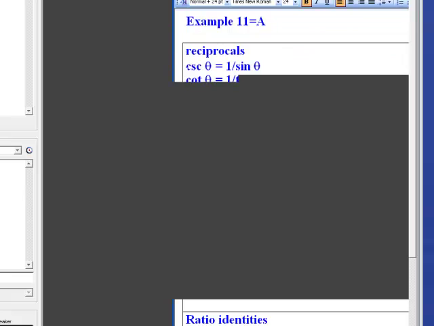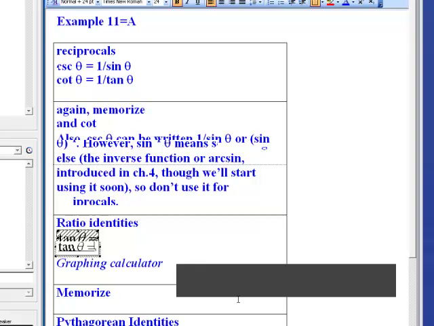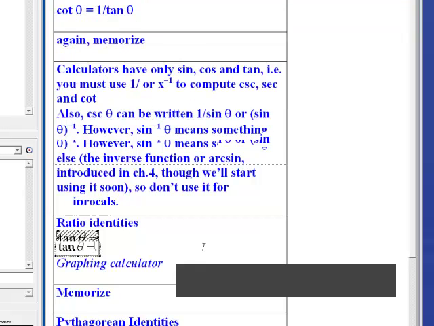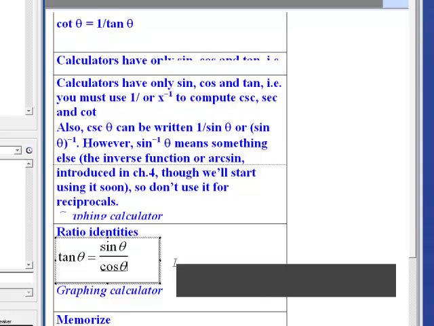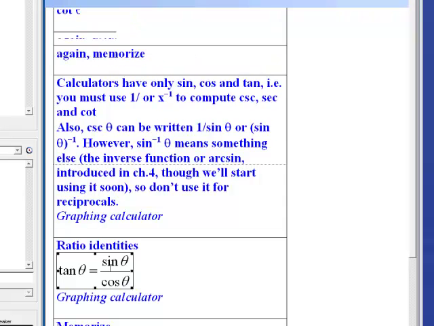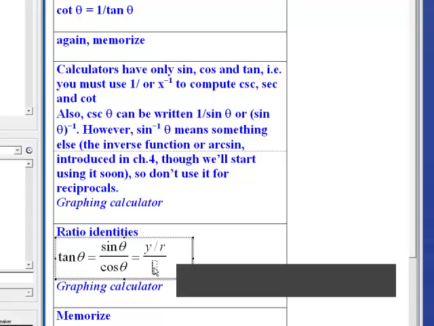Okay, ratio identities. I had pointed that out already, a little premature, that the tangent is the same as sine theta divided by cosine theta. How can that be? Well, the way we had sine defined was as y divided by r, and we had cosine defined as x divided by r.